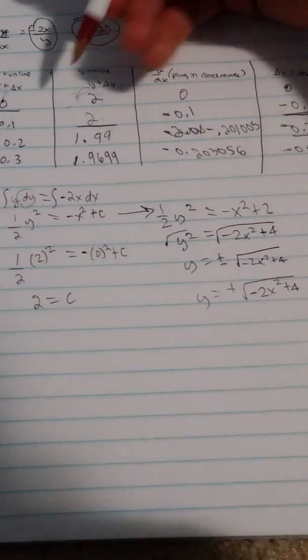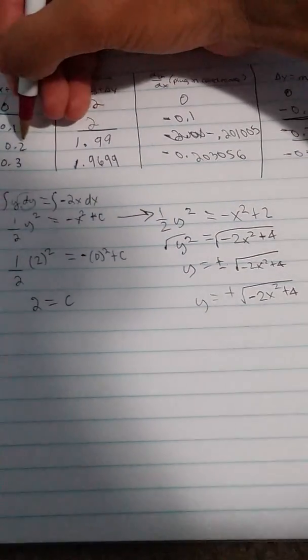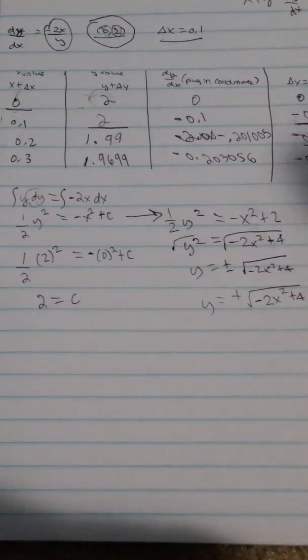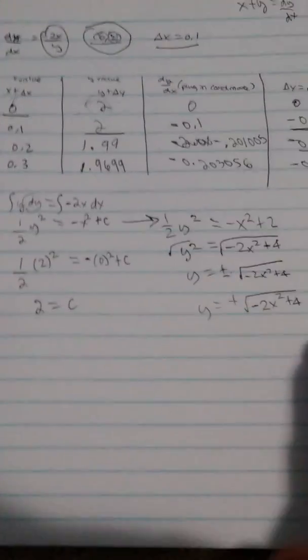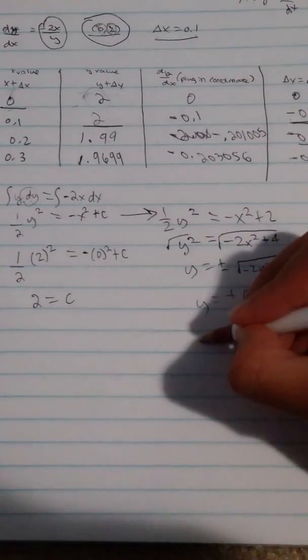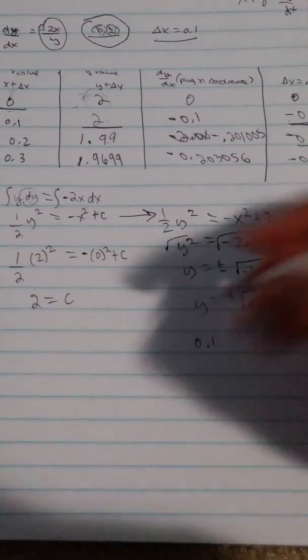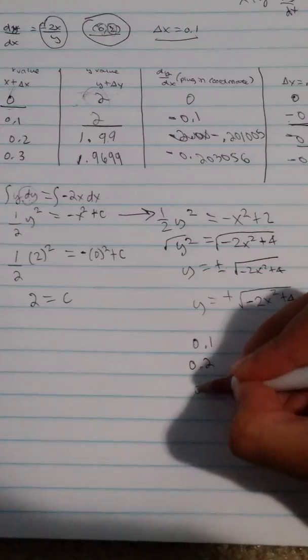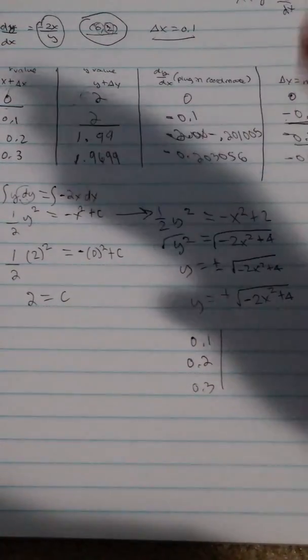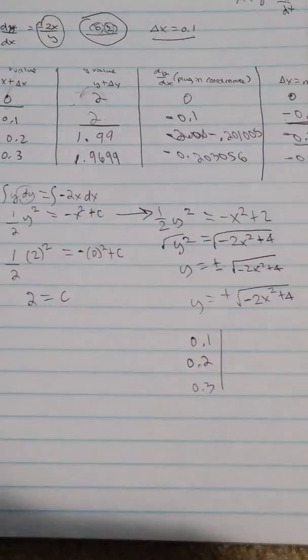Now we approximated what each point is right here, right? So if you want to see how much off you were, you can plug those x coordinates into your y equation. So I'm just going to plug in 0.1, 0.2, and 0.3 just to see how far off I was and how reliable Euler's method can be.